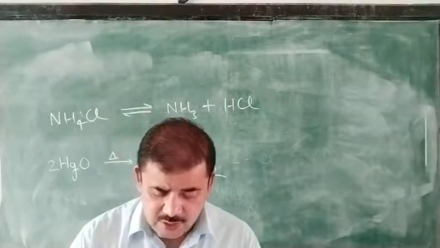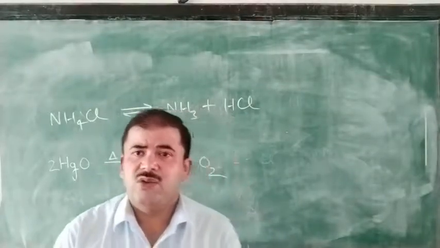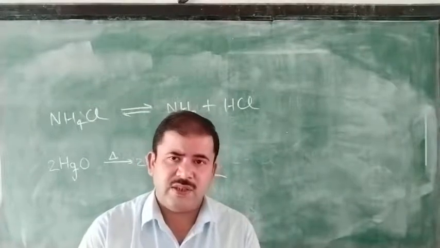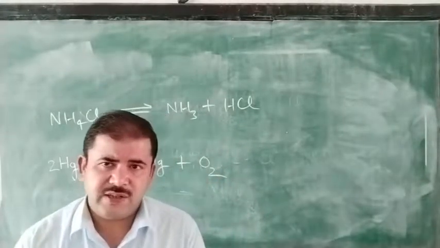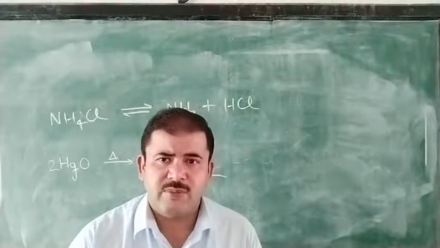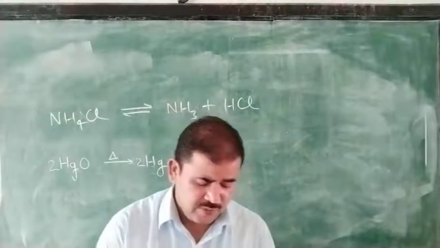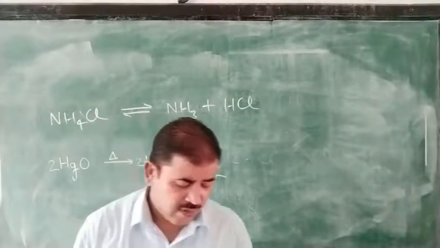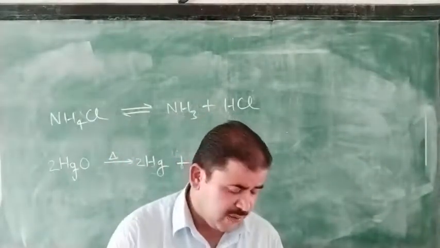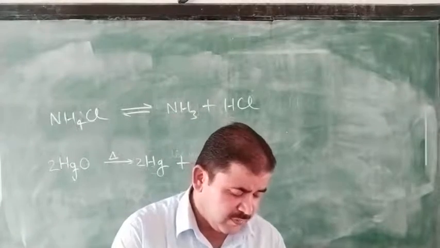Some reactions are given, so you have to choose three equations and write them, and also write the different salts you get after completion of the reaction. In these different salts, different positive ions are present.